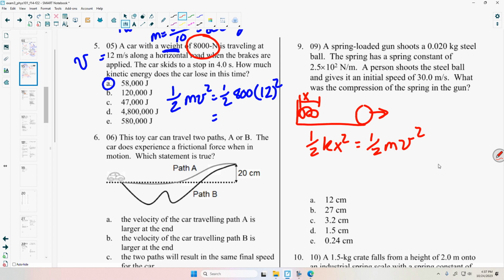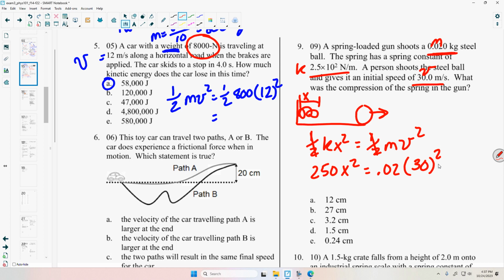Notice I have m right here, this is k, the spring constant, and this is v right here. I can cancel out the halves, that's nice, and I get 250, that's k, times x squared is equal to m, that's 0.02, times v squared, 30 squared.